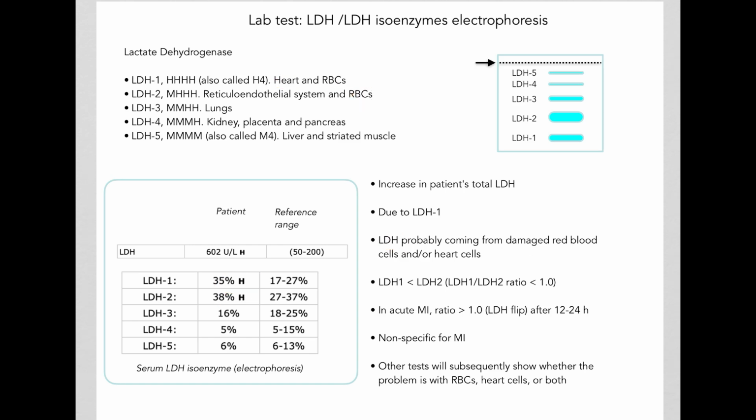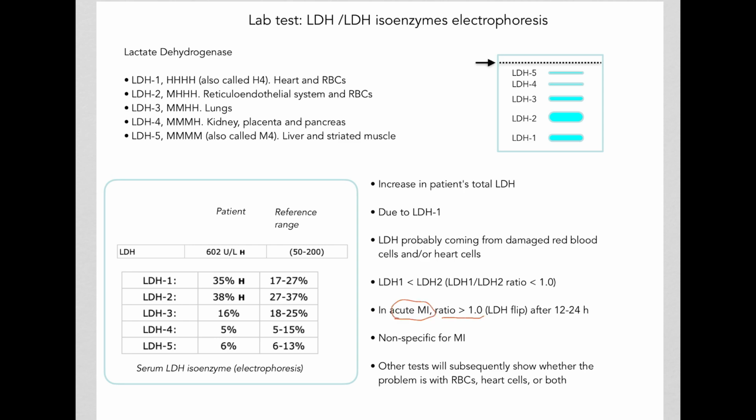Now, typically we see that LDH1 is lower than LDH2. So if we take the ratio of LDH 1 to 2, this ratio should be less than 1. So one of the important uses of the LDH isoenzyme test is in acute myocardial infarction or heart attacks.